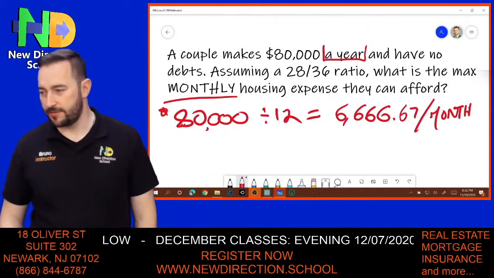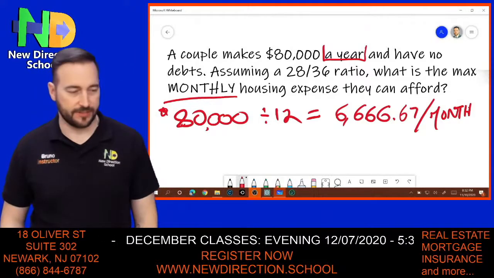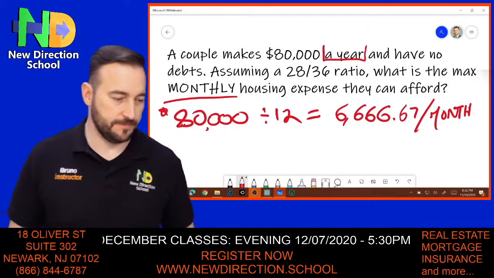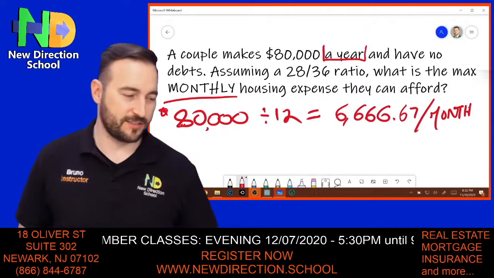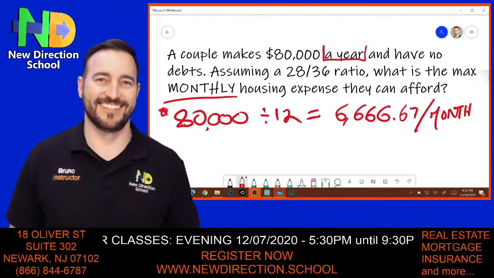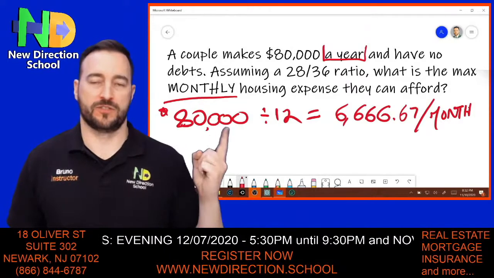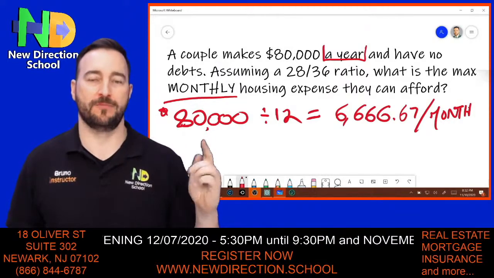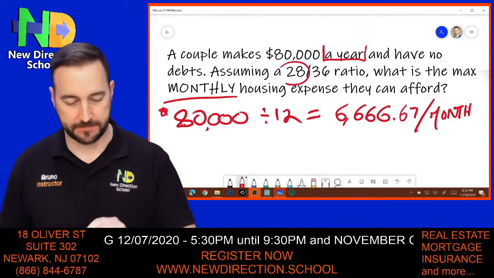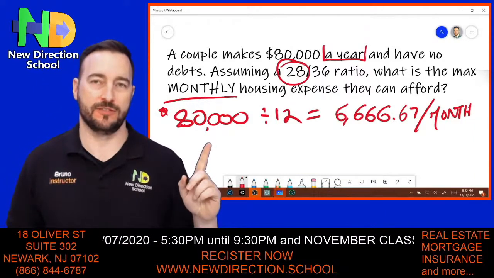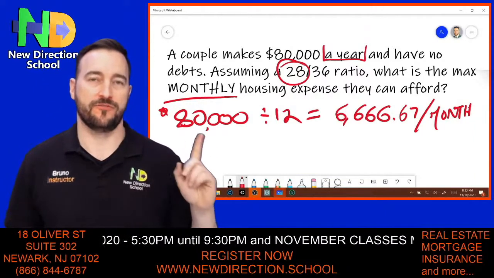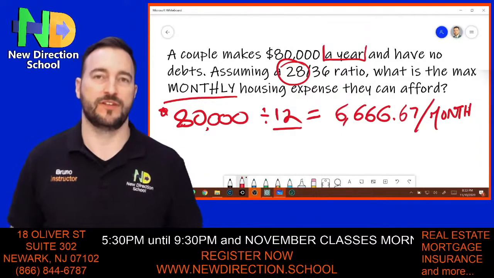All right, Ruth. Hey, perfect. All right, guys. So you had the first part right? Kinda. So what you did, or some of you did, is you applied the 28% to the 80,000. Regardless, you forgot one step. Divide by 12.